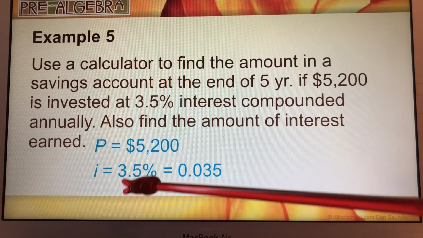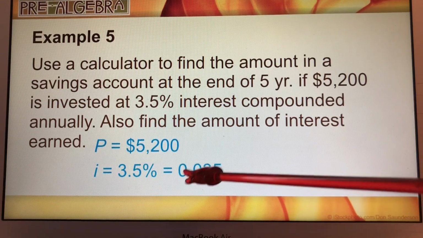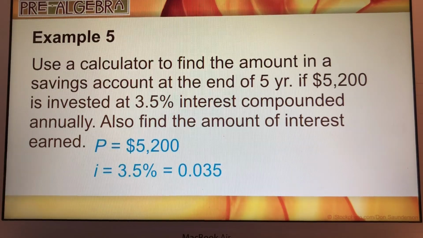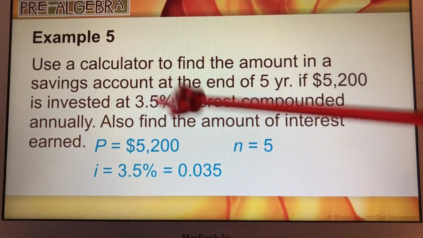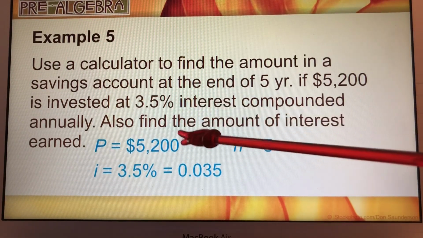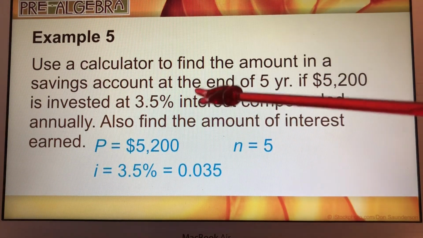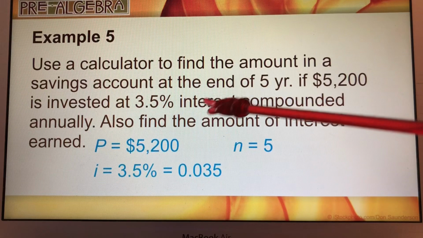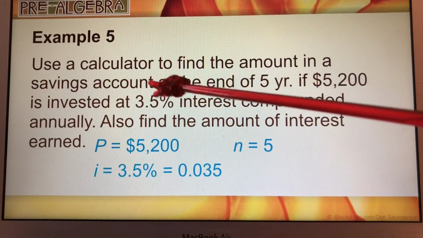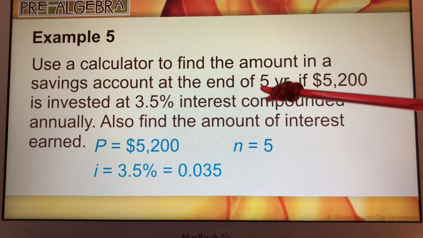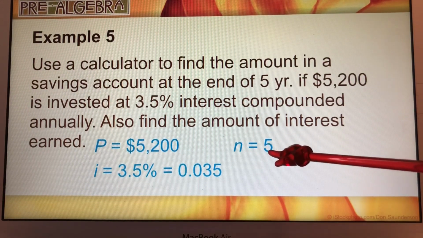Interest and rate, that's the same. That's the percent. You convert that to a decimal, 0.035. Now, our N is the number of years, they're talking about 5 years.